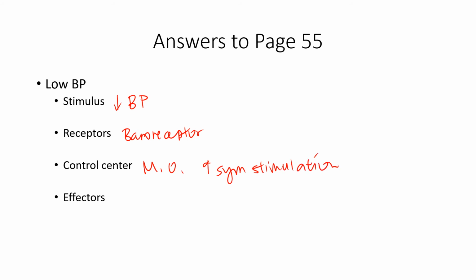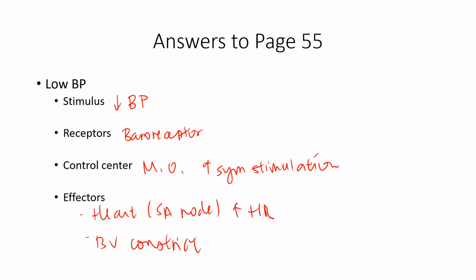Okay, and we do that by telling the heart, SA node specifically, to increase its rate. And we also tell blood vessels to constrict. And how does that impact blood pressure? That will increase blood pressure. Okay, so I'll give you a moment to compare your notes to what you have on page 55.